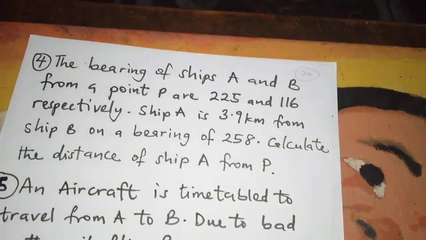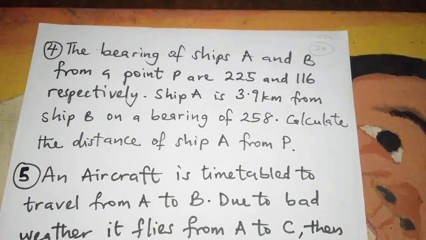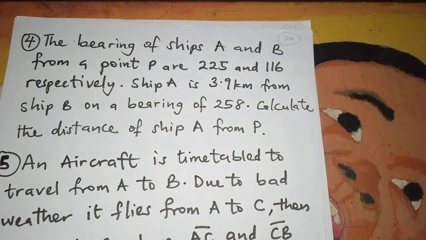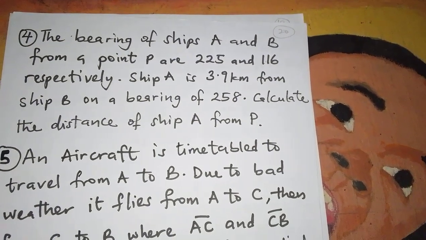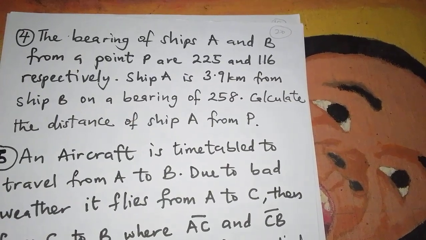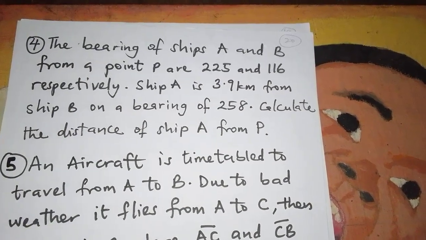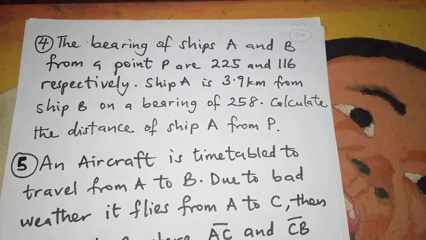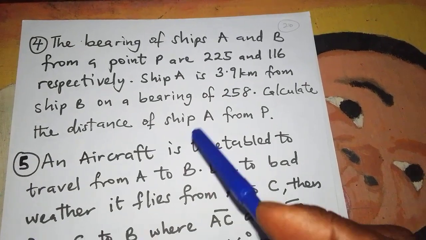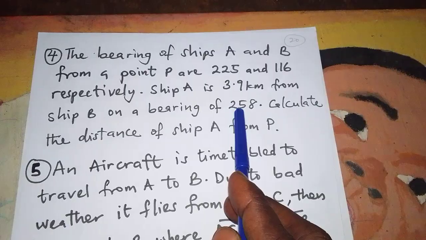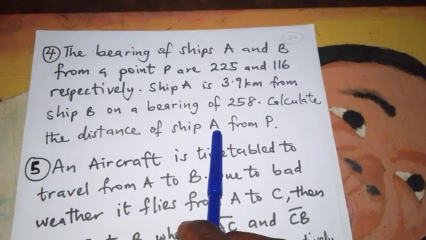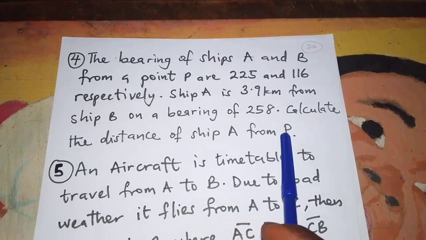Number 4. The bearing of ships A and B from a point P are 225 and 116 respectively. Ship A is 3.9 kilometers from ship B on a bearing of 258. Calculate the distance of ship A from B.